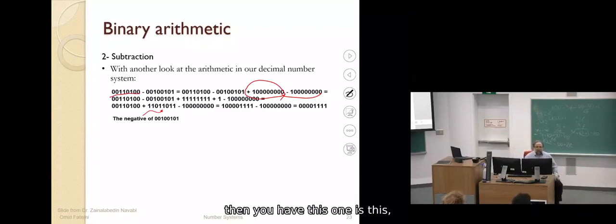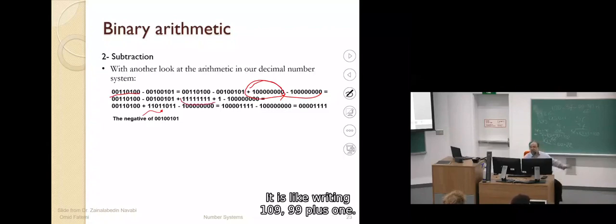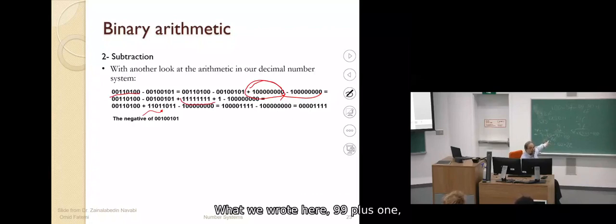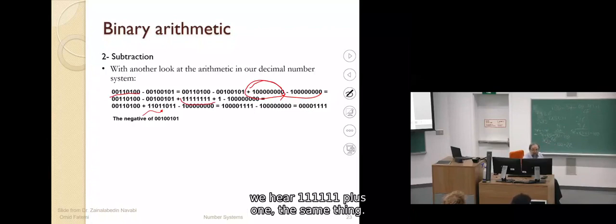If you do that, then instead of 100, instead of 1000, I write 11111 plus 1. It is like writing 99 plus 1. What we wrote here, 99 plus 1, here we have 11111 plus 1, the same thing.